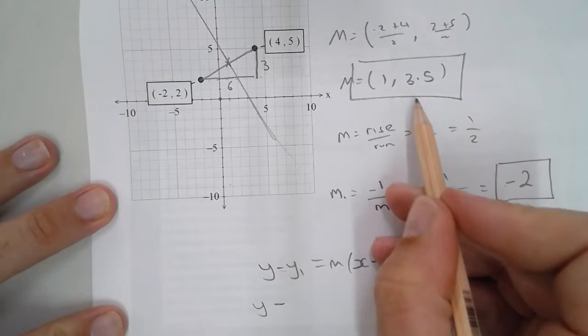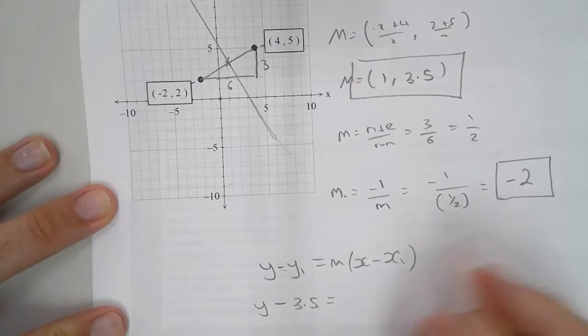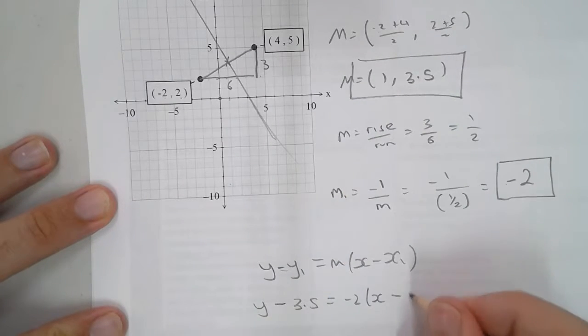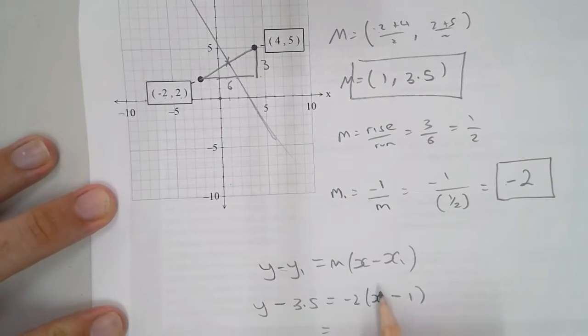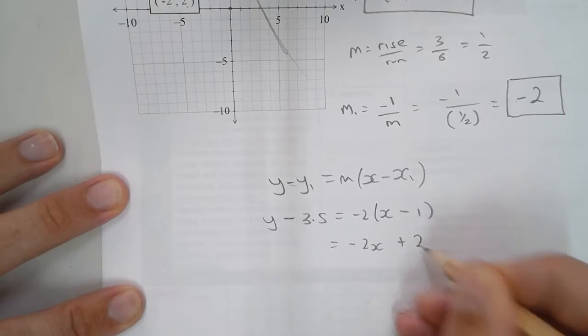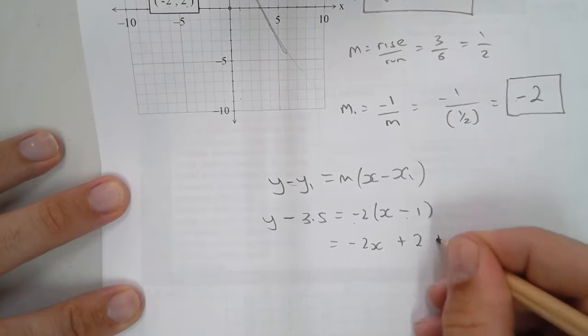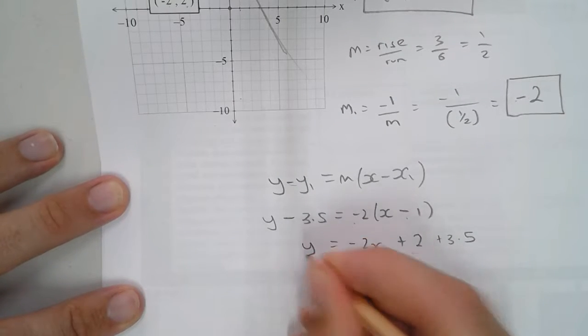So y minus y1, 3.5, equals m, minus 2, (x minus x1, which is 1). And once again, let's expand this bracket. Minus 2x plus 2, because a minus times a minus is a positive. Minus 3.5 comes to this side to make it plus 3.5.